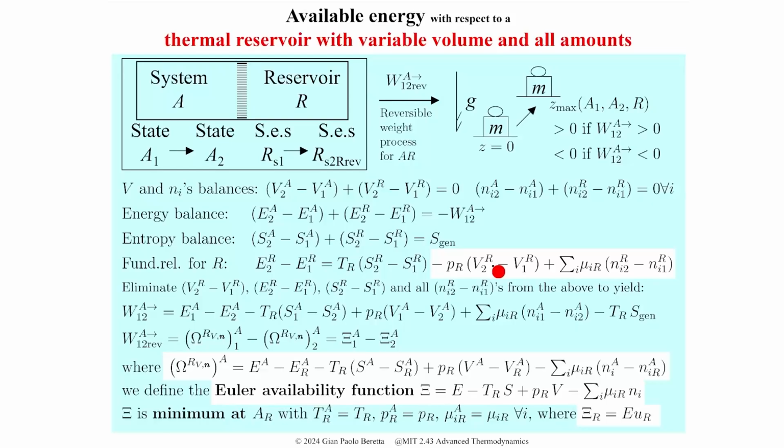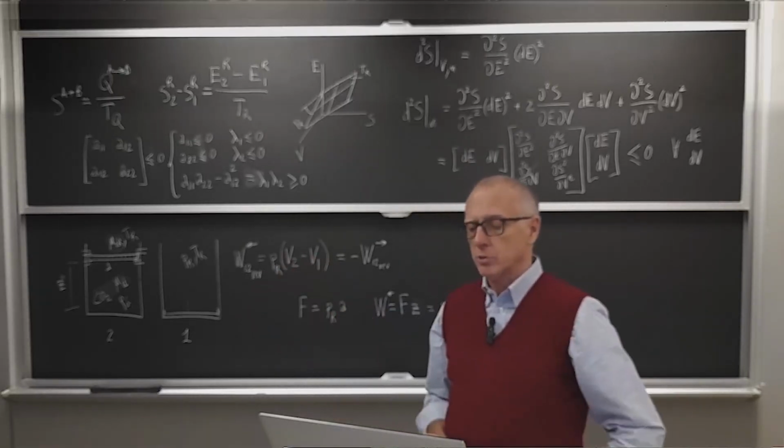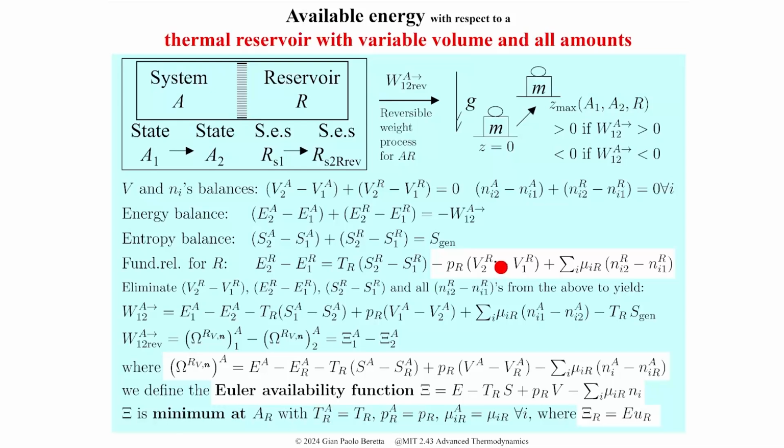If you change the amounts, it doesn't change the chemical potentials. And then you have to remember also to do the volume balance and the balances for all of the amounts of the various constituents that are conserved. No chemical reactions here.